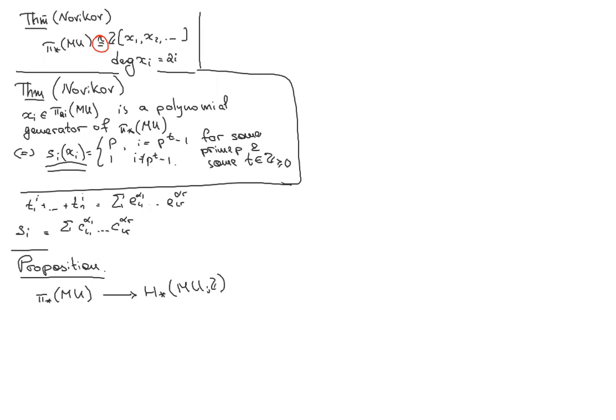Then we have the Thom isomorphism with the homology of B. And as you remember, first of all, this guy is dual to cohomology.